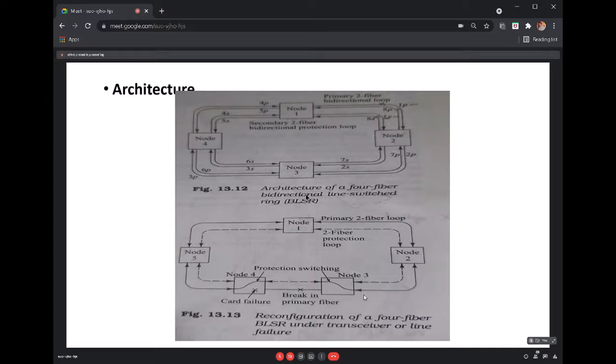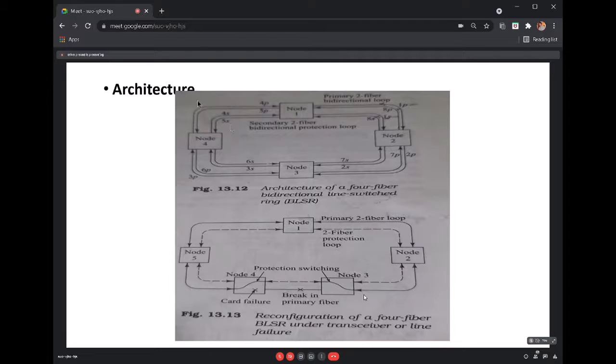But now what I am considering is the bidirectional one. What I told you just now was unidirectional; now it is a bidirectional line switch ring. Here you can see the difference between what I told you and what is shown. This architecture is 4 fiber, so you can see four fibers in the bidirectional line switch ring.